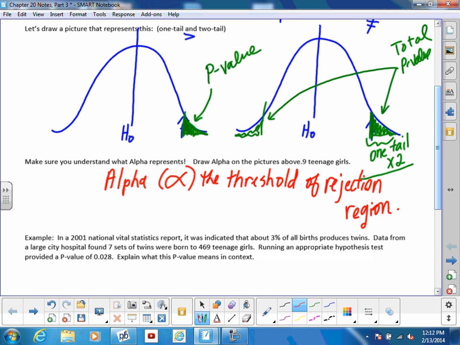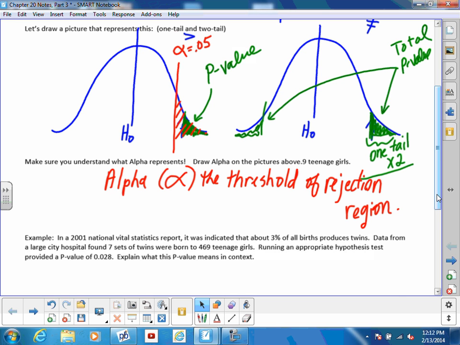It has to do with the size of the rejection region. For example, if I tell you that alpha is 0.05, and that ends up being here, which puts my rejection region like that, then let's discuss this.